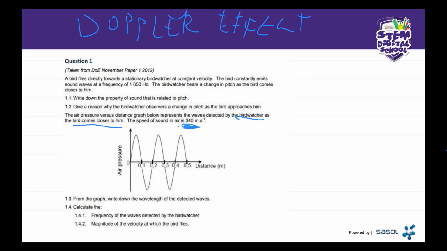Guys, I hope you still remember your standard Doppler effect formula. It might be given in your formula sheet, but it's always good to know, because then you know how to apply each and every one of them.